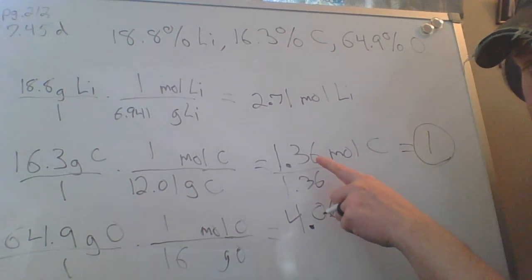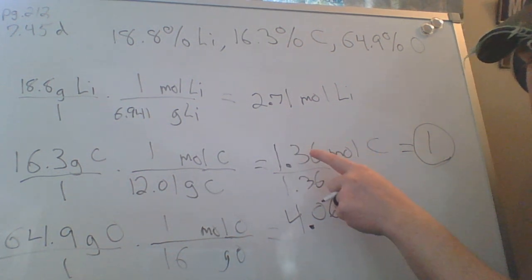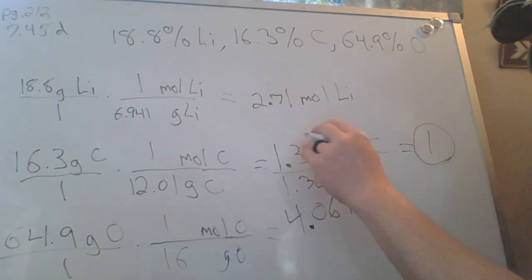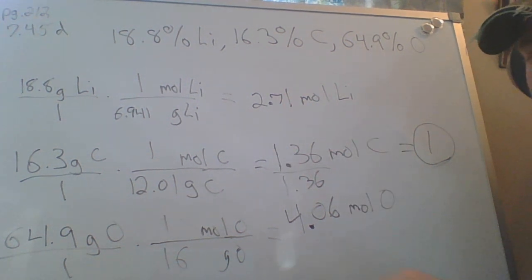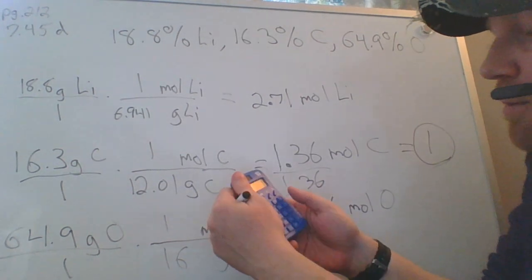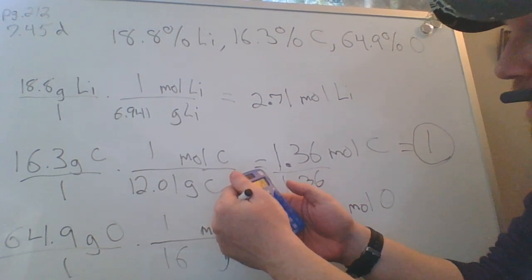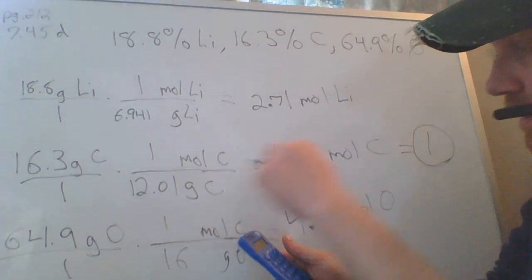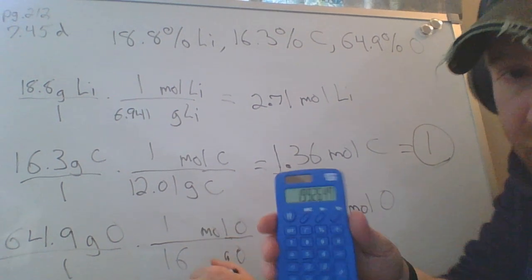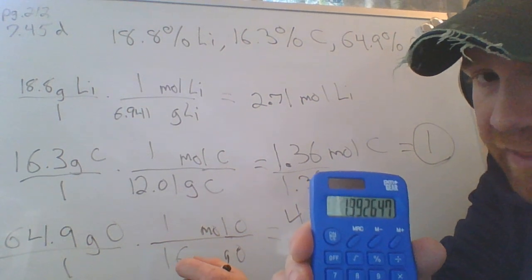Some of you that are math whizzes can probably eyeball this without even doing the division. 1.36 versus 2.71. That's pretty darn close to 2. It's not going to come out to be a perfect whole number because of rounding. If I do 2.71 divided by the smaller number 1.36, I get 1.99. I think we can go ahead and call that 2.